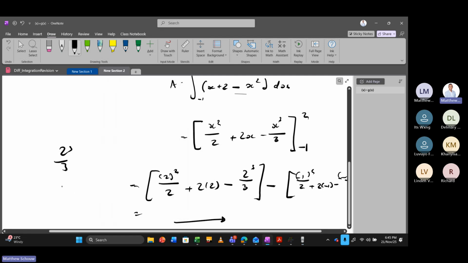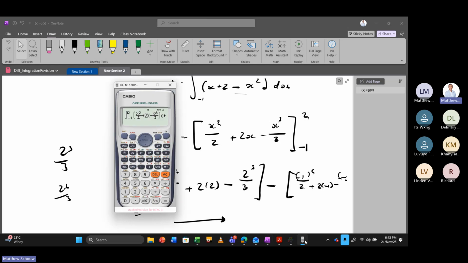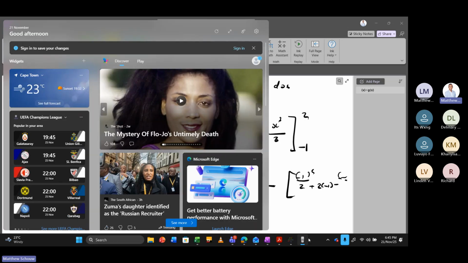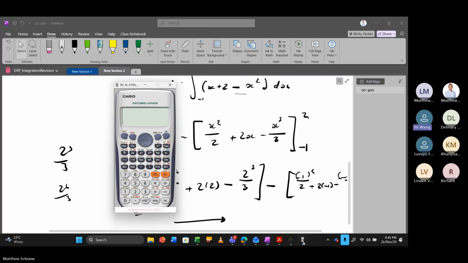Okay. Now I'm doing something on the calculator and trying to figure out why I'm not getting what I need to get here. Anyone else? I get 11 over 2. For the first one I got 10 over 3. We're gonna check now, don't worry.